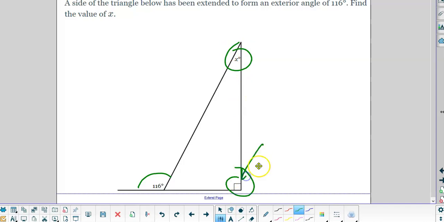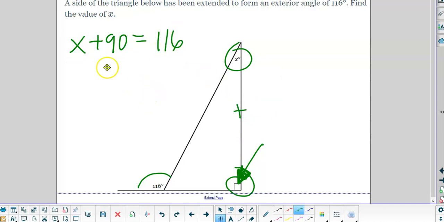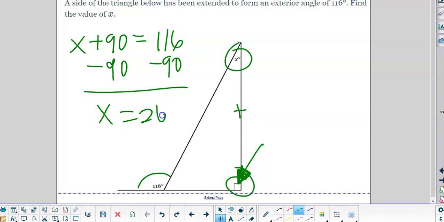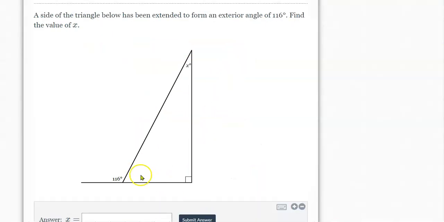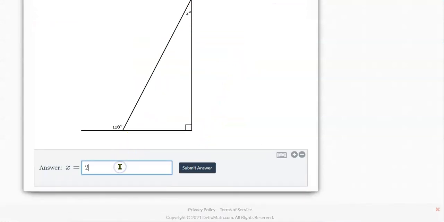So do you know what angle that is right there? It's 90. So x plus 90, adding these two together, is going to be equal to that exterior angle. So subtract 90 from both sides, and you got your missing angle measure. X is 26 degrees. All right, let's put that in here.